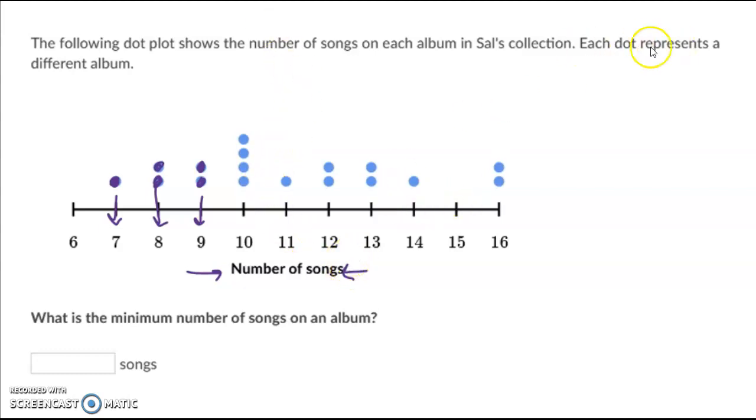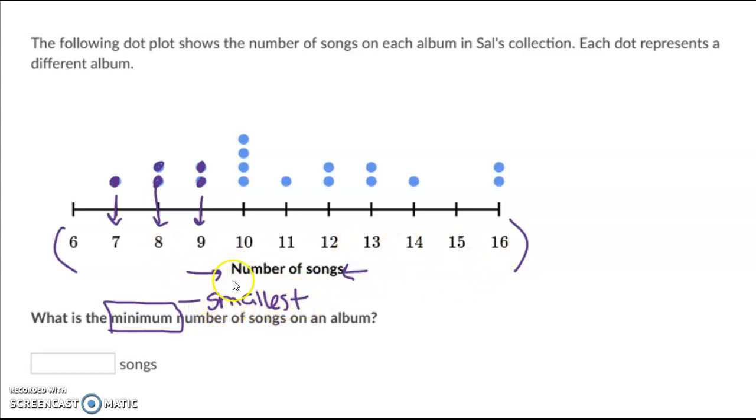All right. So each dot represents a different album. What is the minimum number of songs on an album? So all of these numbers down here are representative of the number of songs. So what is the minimum? We need to know what that word means. Minimum is the smallest number.